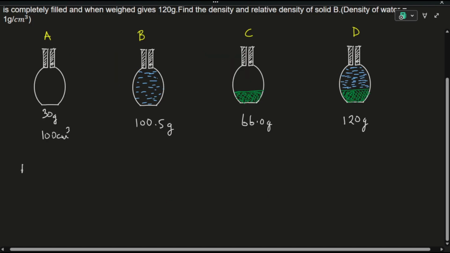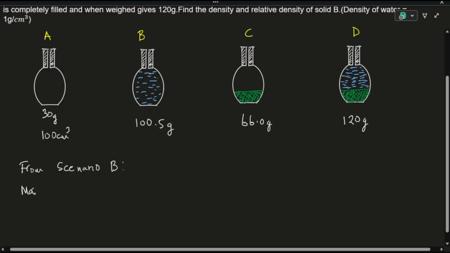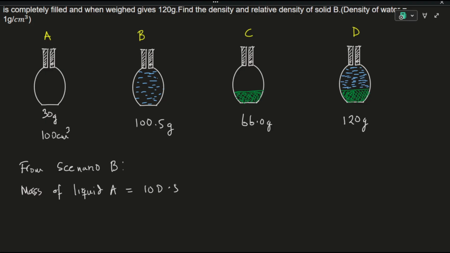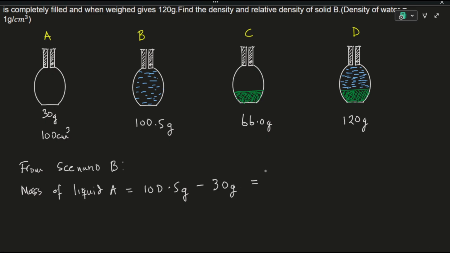Now, from scenario B, the mass of the liquid A is equal to 100.5 grams minus the empty density bottle. So we have 70.5 grams of liquid A that fills the empty density bottle.